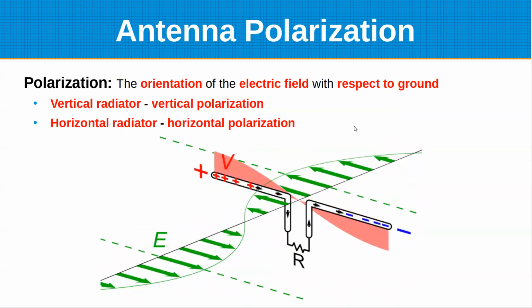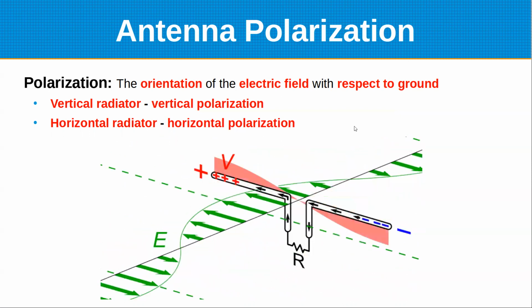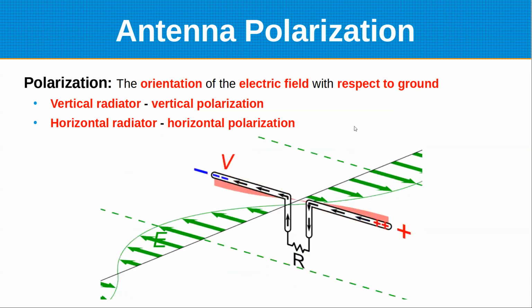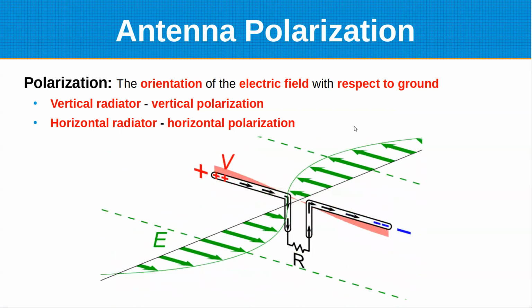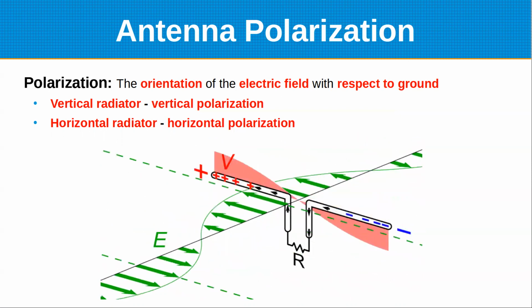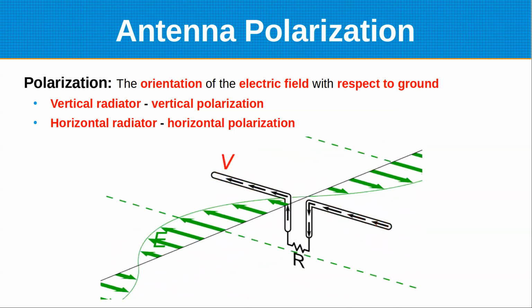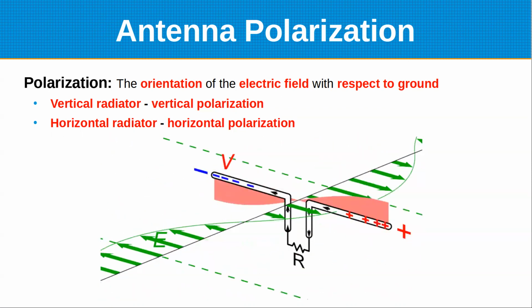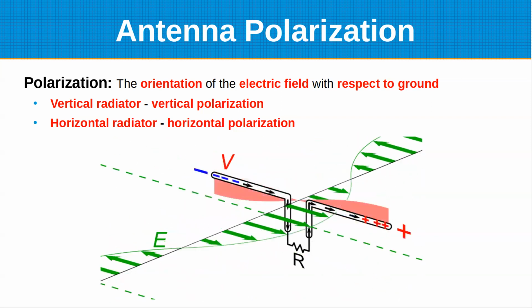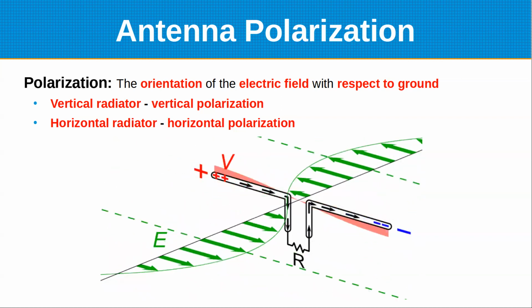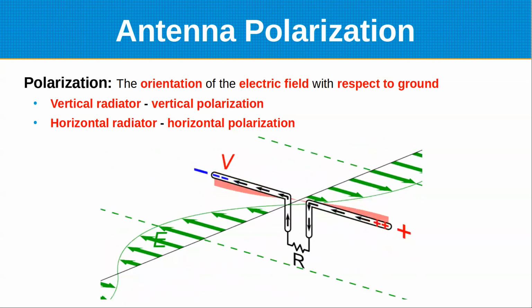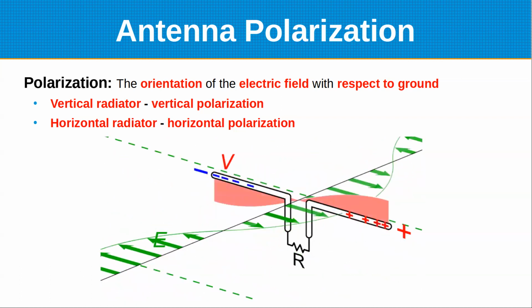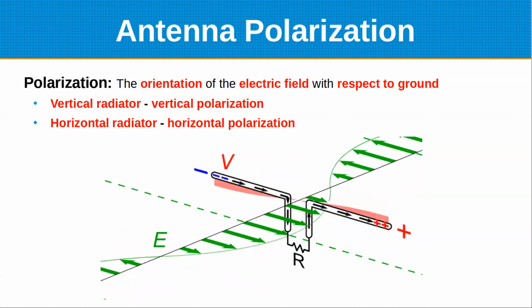When it's on the Earth, depending on whether it's a horizontal or a vertical antenna, you'll get horizontal or vertical polarization, as long as it's line of sight. If you have propagation bouncing off the ionosphere or possibly even other buildings, the polarization can become elliptical because of some phase shifts.